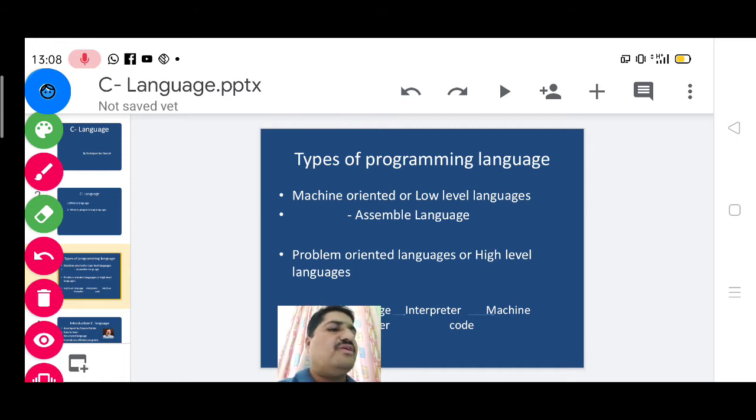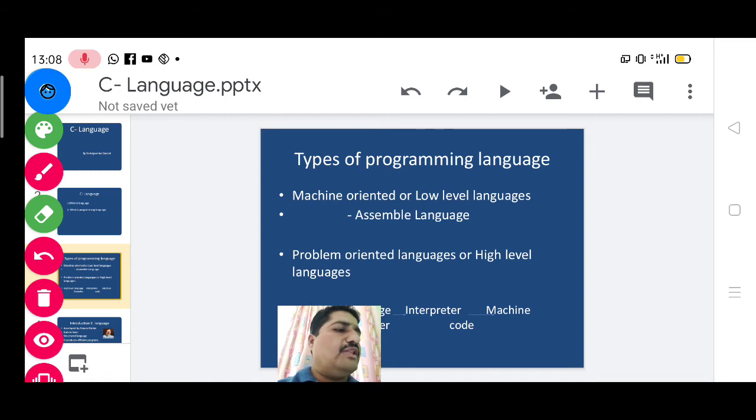Assembly language is similar to that of machine language, and this language consists of some English words in place of 0 and 1, and these words represent small operations to be performed by the CPU of the computer.